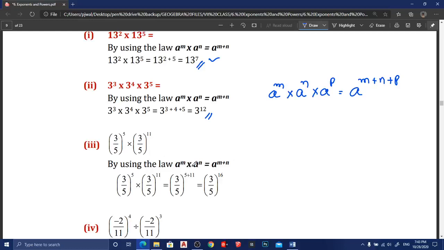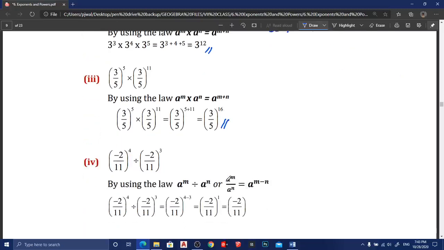Where a may not be a single whole number or integer only. It may be in the form of a fraction also, like this. Since these two bases are equal, you can add the powers. Just take the same base, which is 3 by 5, and add the powers 5 plus 11. Now by adding this 5 plus 11 you get 16. 3 by 5 to the power of 16. So this itself is the answer for this.